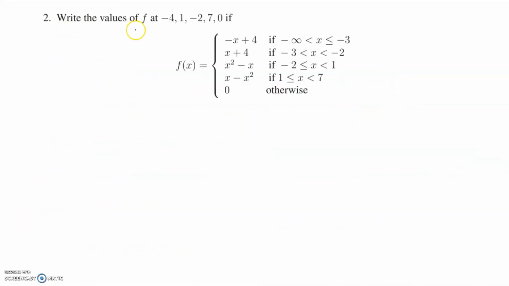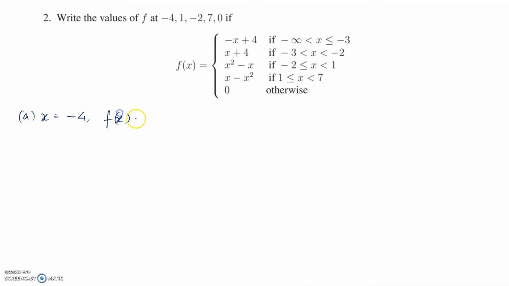Question number 2. Write the values of f at -4, 1, -2, 7, 0 if f of x is given by this function. So the first, x is equal to -4.